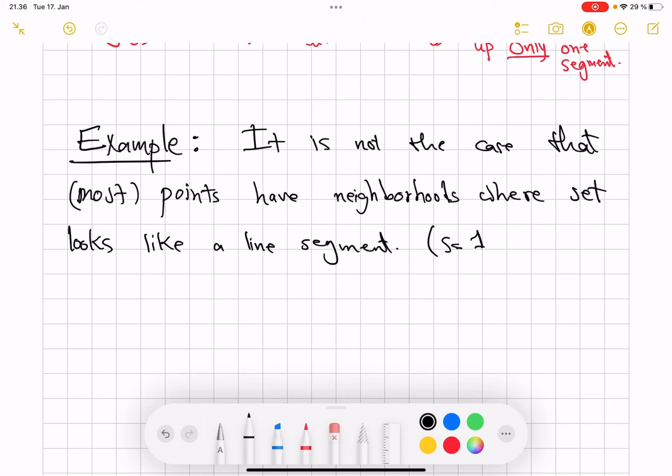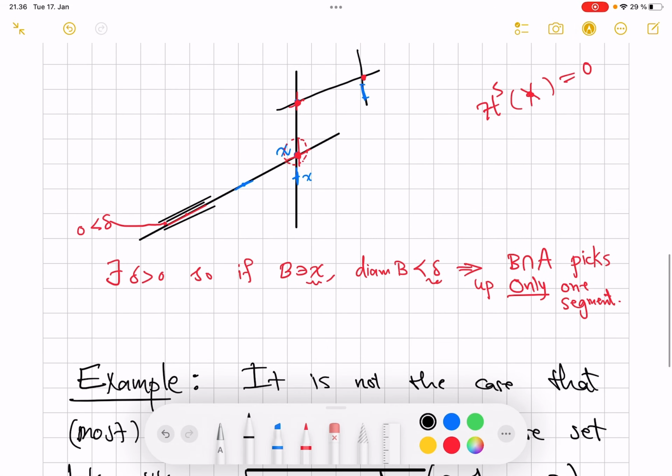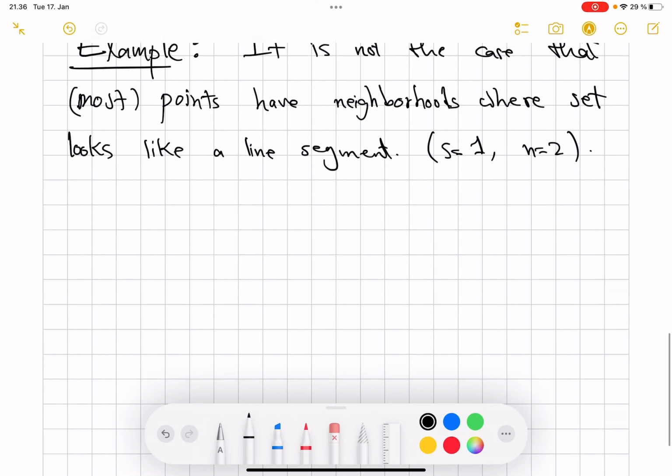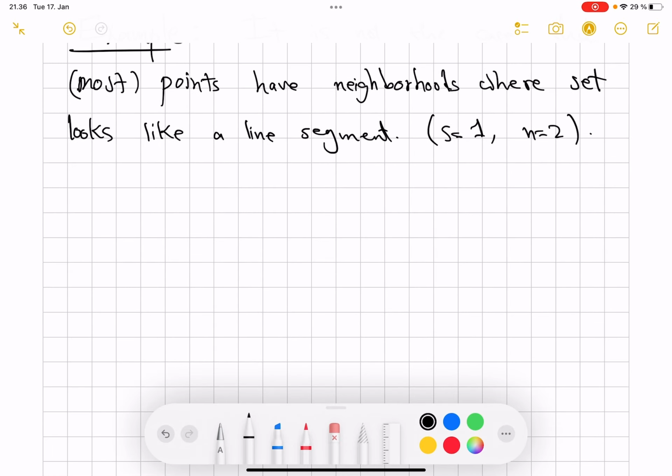So here again, we're talking about S and n equals 2. Definitely my picture above had that property that most points had some neighborhood where things become a genuine interval. But this doesn't have to be the case, and still you will have this isodiametric inequality.